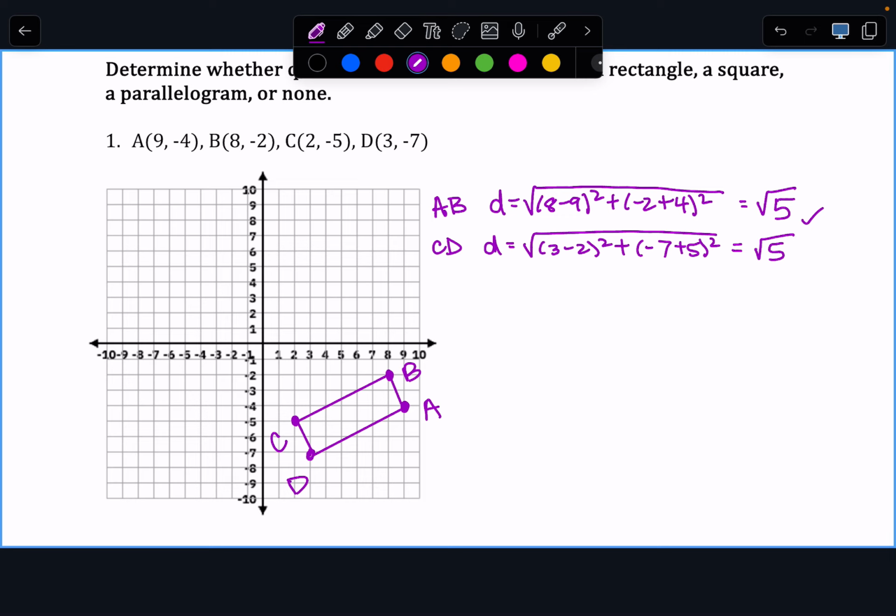Now we better check the other set of opposite sides. BC, we need to find the distance, and AD. Well, let's make sure. BC, we have 2 minus 8 squared and -5 minus -2 squared. I disagree with the square root of 37.